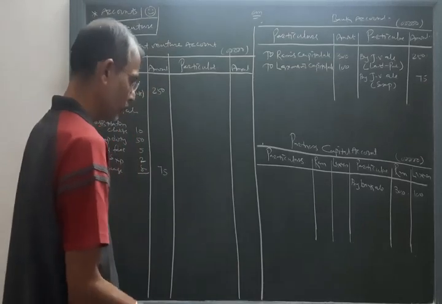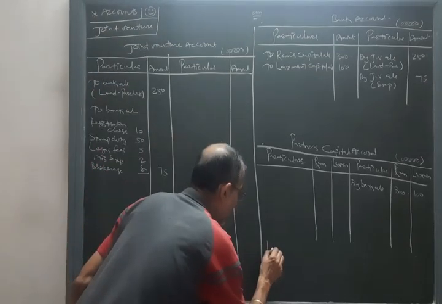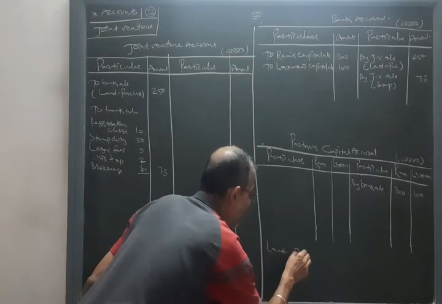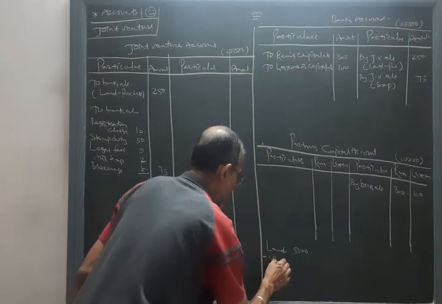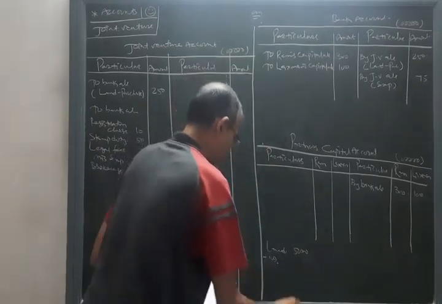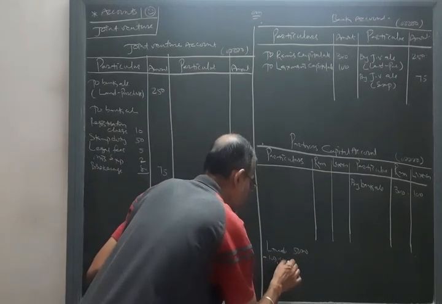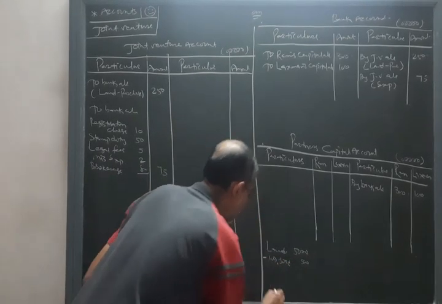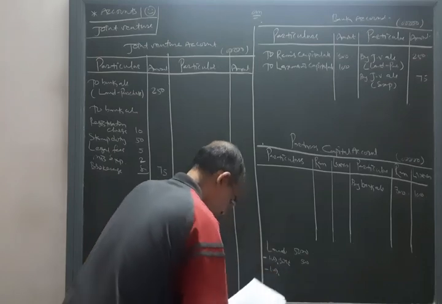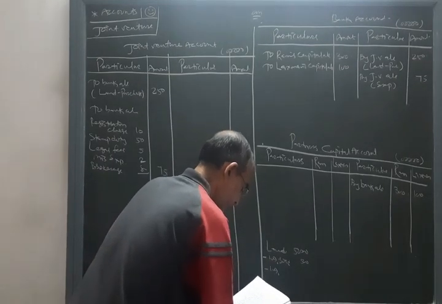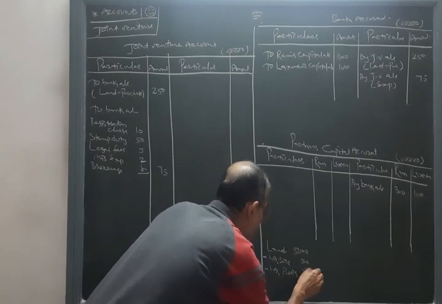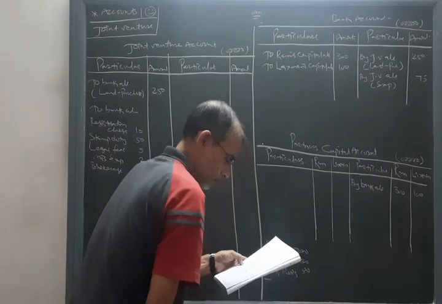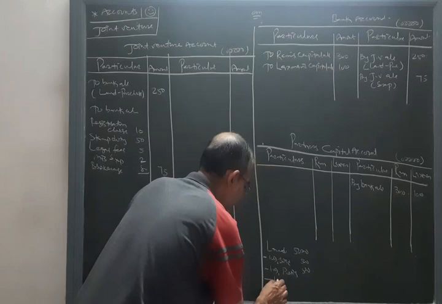Now land was 5,000 minus 10% for roads, that means 500, minus 10% for parking, other 500, and other 10% for amenities.